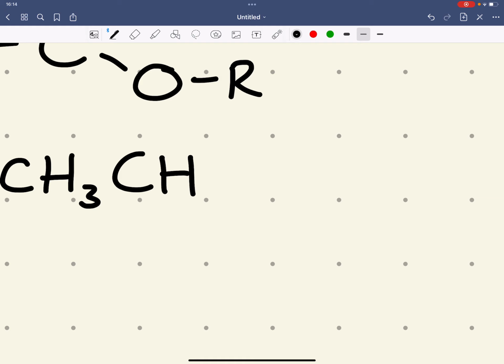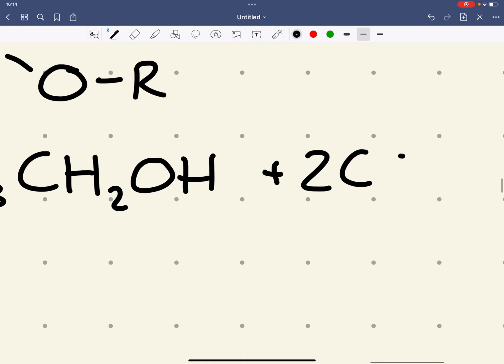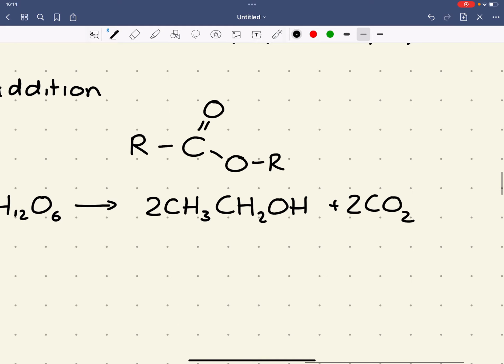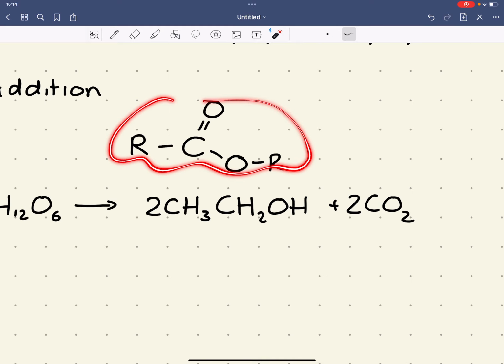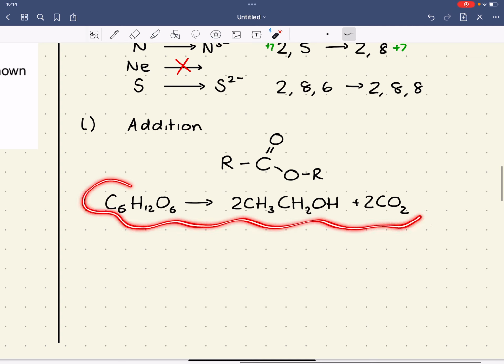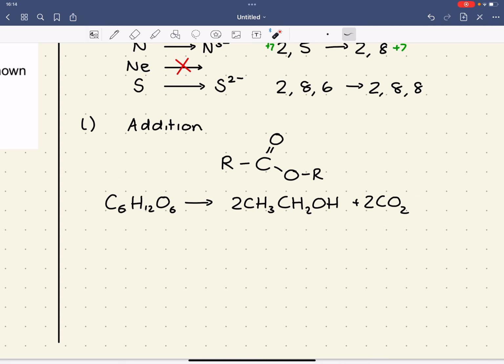So this would be an example of fermentation, where glucose anaerobically respires to form ethanol and carbon dioxide, and the substitution would be where one atom is swapped for another.